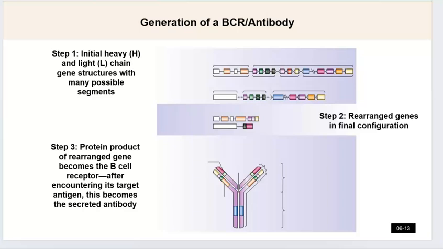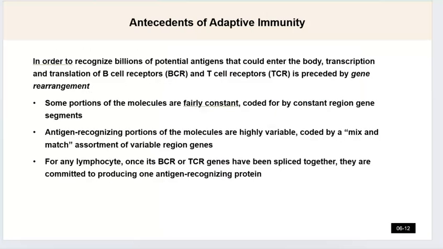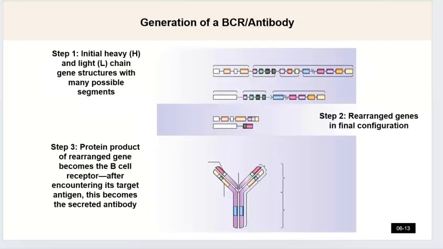The genes that encode the antigen-binding region of the BCR are expressed in segments. That's what we can see here: dozens of different options for each gene segment combined together in a mix and match fashion, which is what they were referring to up here. They create the great BCR diversity required with very few genes.